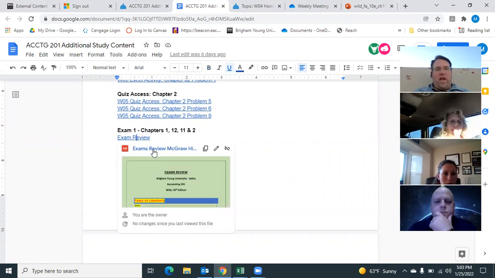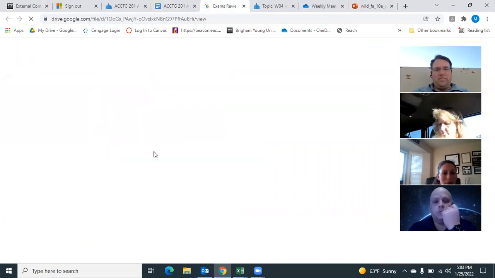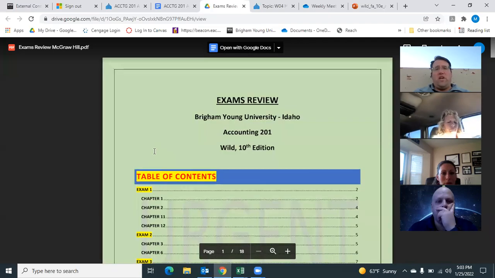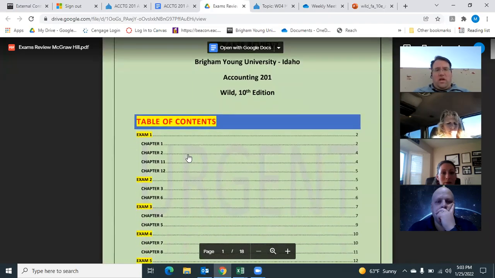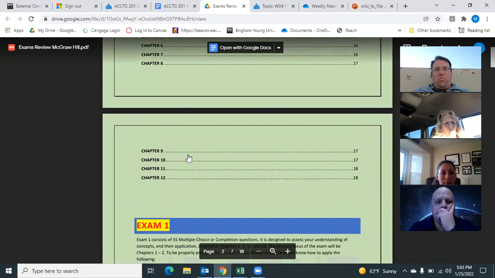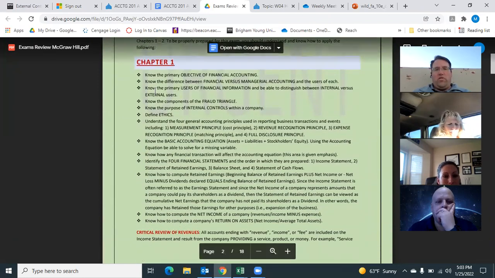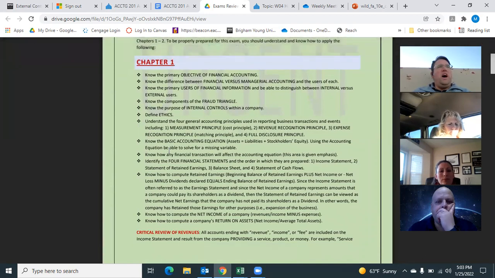But the other thing that people have missed so far is that there's an exam review in here. If you click on that exam review, it's actually a PDF, and it covers all the exams. It just breaks down bullet points of the things to study for the exam. I'll let you know that I didn't make this exam review. It was one of the accounting faculty on campus at BYU Idaho.